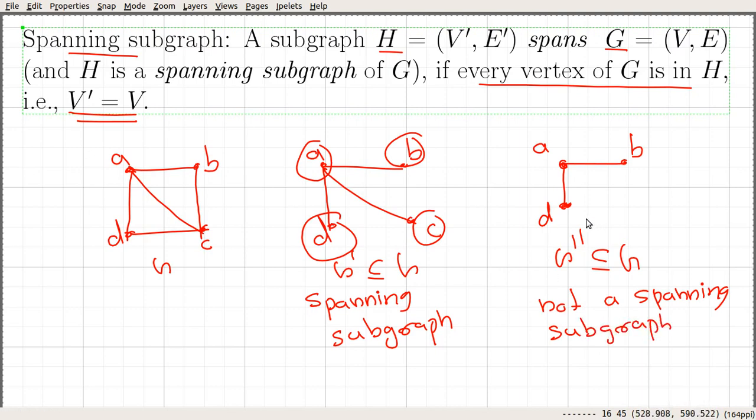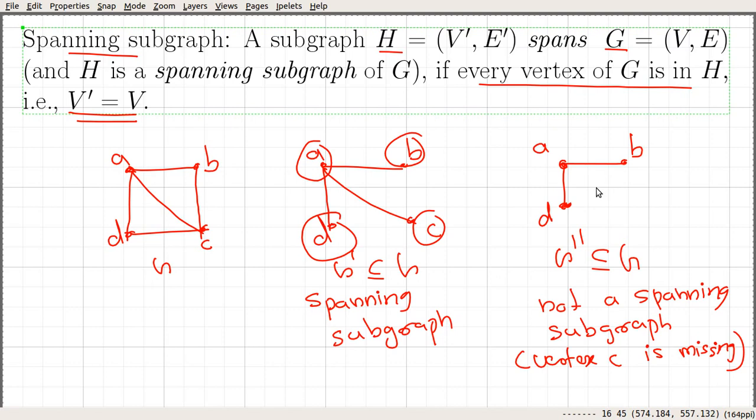Why? Because vertex C is missing. So the earlier one is an example of a spanning subgraph, because the vertex set is exactly equal to the vertex set of the larger graph. Here it is a subgraph, but not a spanning subgraph because C is missing.